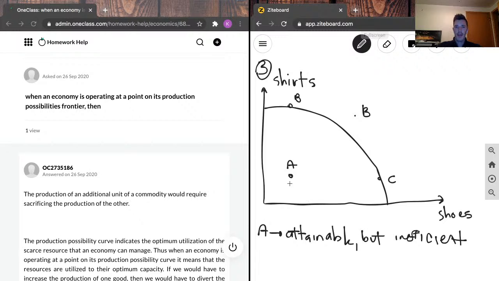So maybe at point A here, we can produce one pair of shoes and 2 shirts.